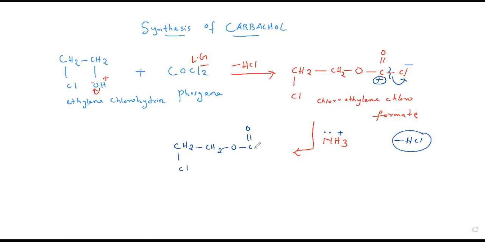The carbon, which has a positive charge, will bind with nitrogen to form NH2, because one hydrogen atom has combined with Cl minus to form HCl as a byproduct. So this is one intermediate compound you got here. In the last step, you are going to react this intermediate compound with trimethylamine.